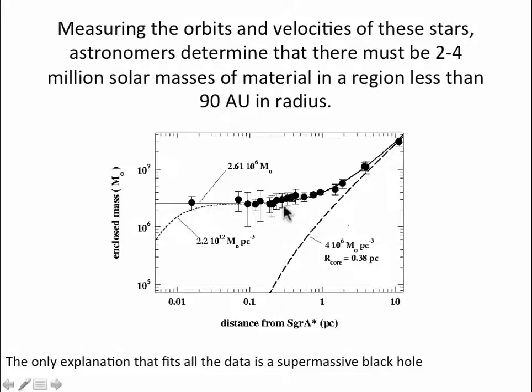And as we get closer and closer to the center of the galaxy, we see that there's a flat amount of material there. That there is about 2 to 4 million times the mass of the Sun in a region that is smaller than our solar system. The only thing we know of that can have 2 million times the mass of the Sun in something smaller than our solar system is a black hole.